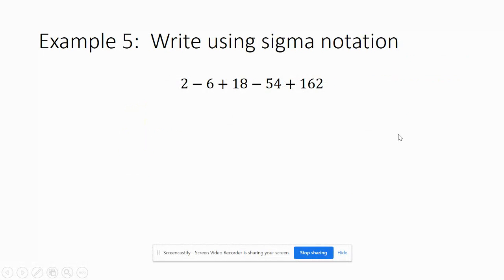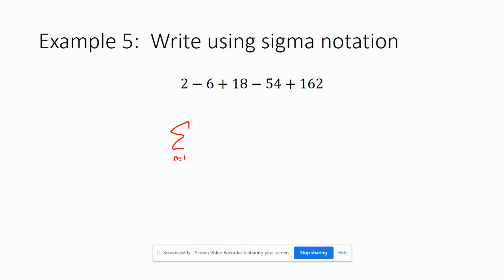Okay, similar type of question, except now we have a geometric series instead. So this is 2 minus 6 plus 18 minus 54 plus 162. Hopefully you can see, guys, that our common ratio is negative 3. Again, we have 5 terms, so I'm going to go the sum from n equals 1 to n equals 5.